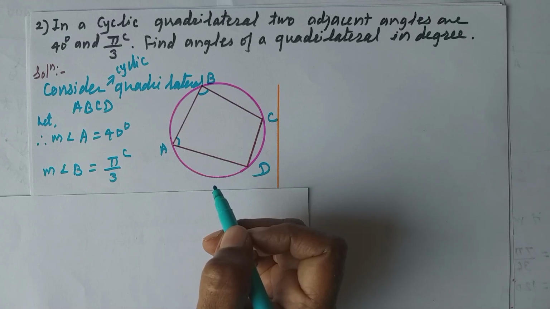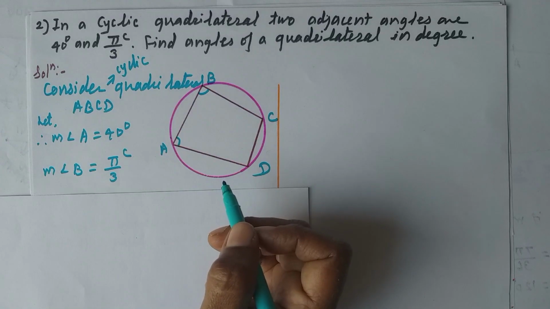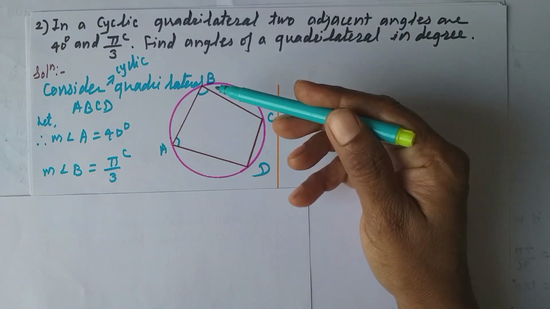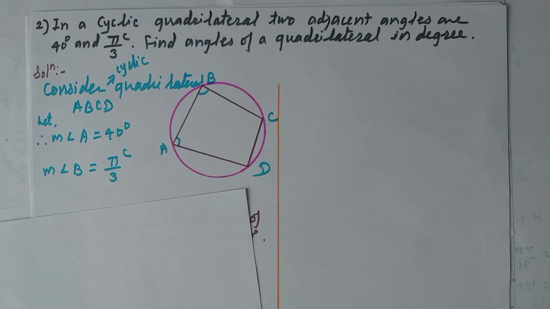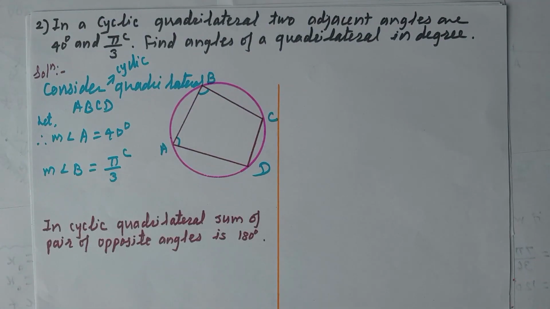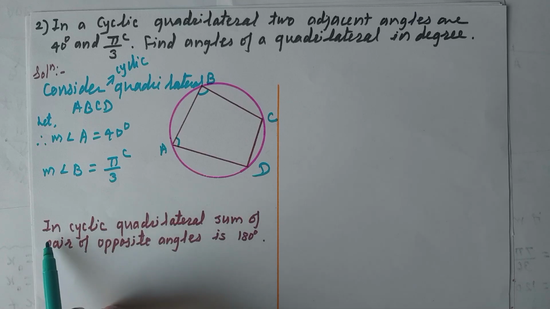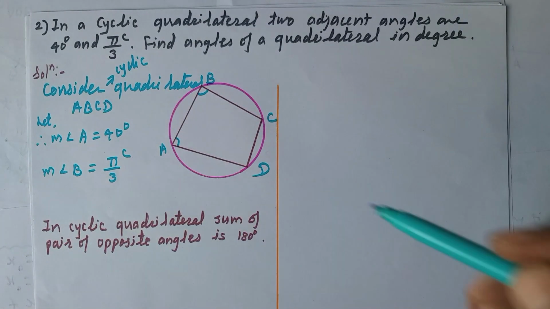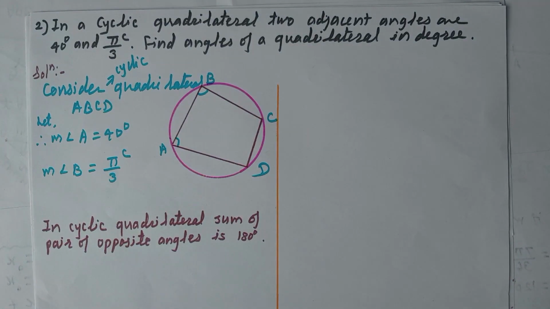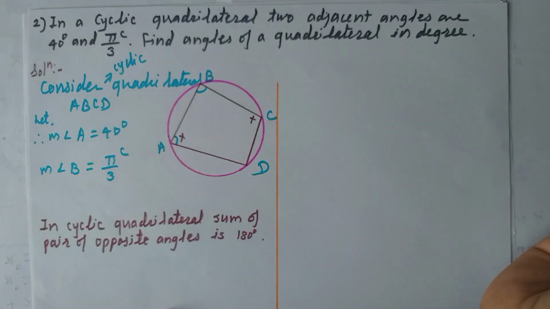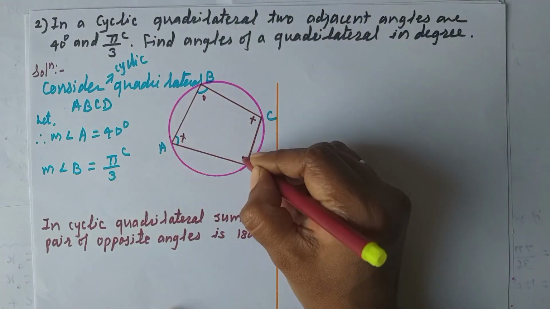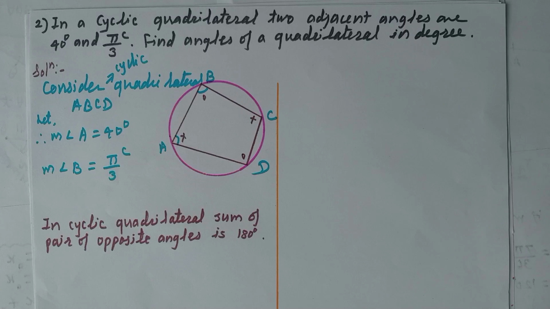Okay. Now we know one of the properties of a cyclic quadrilateral: in a cyclic quadrilateral, the sum of the measures of opposite angles is always 180 degrees. Which are the opposite angles here? Angle A and angle C are opposite angles, and angle B and angle D are opposite angles.